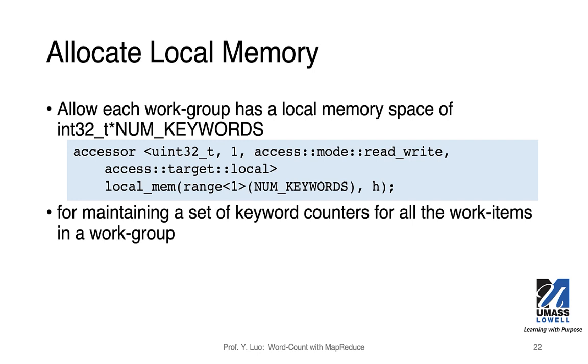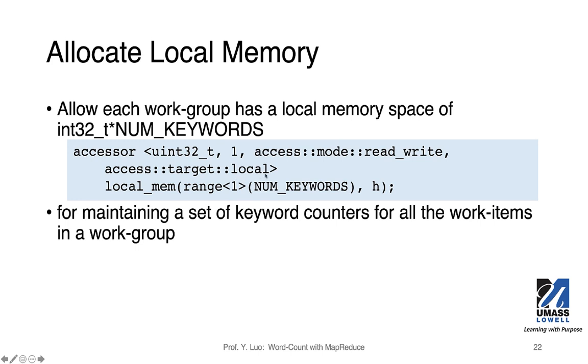First, here's how we allocate local memory. We can use accessors to declare an accessor to local memory. In this case, we define the type of the data to be unsigned int, and it's going to be one-dimensional. The access mode is read and write, and the target, as we see here, we define as local.